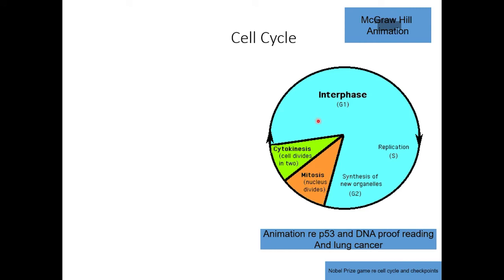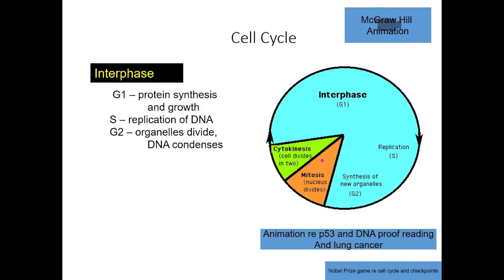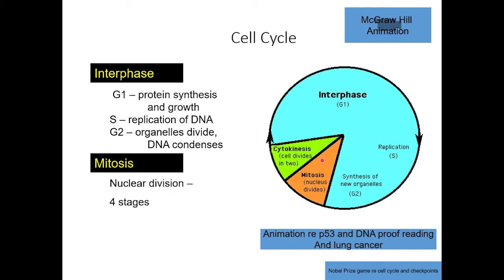The cell cycle is 90% interphase, which is protein synthesis and growth, replication of DNA, organelles dividing, and DNA condensing. Then mitosis is the bit we just talked about, which is not the whole cycle; it's where the nuclear division happens in four stages. Cytokinesis is where the cells divide into two.